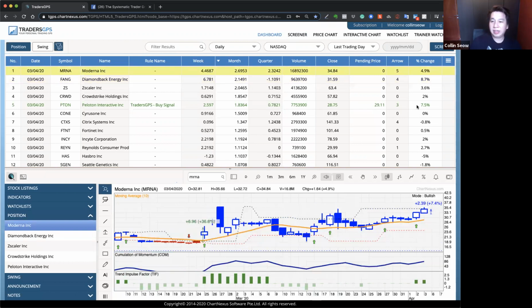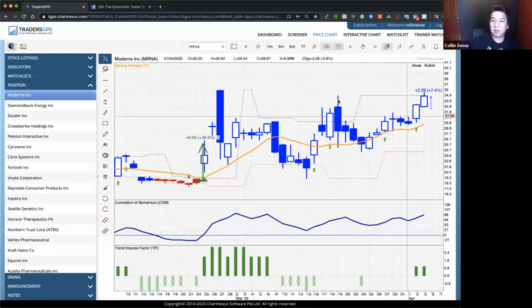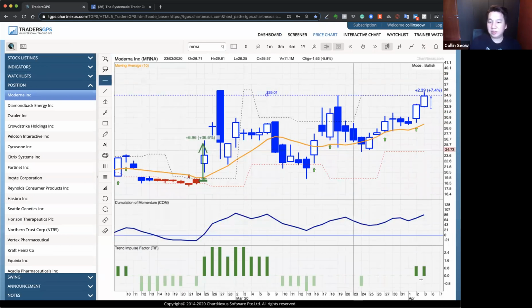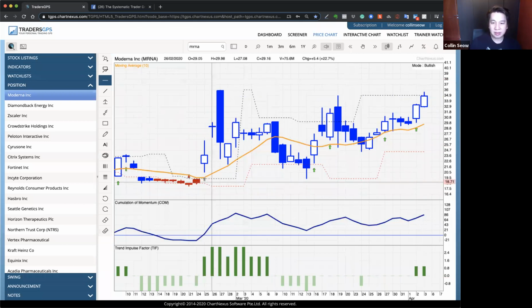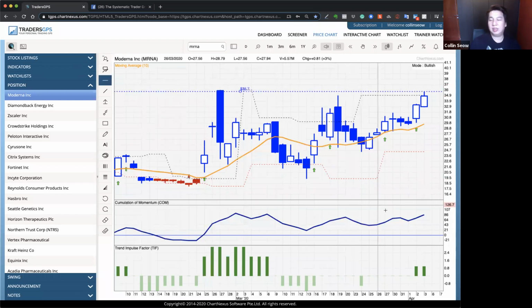If you want to enter again, maybe wait for it to clear resistance, which is here right now. This was a previous signal, arrow number 1, which was here. Now it's arrow number 2. I think it's not too late to enter. Wait for it to clear again; if it clears this resistance again, I think you can enter. Got it, Alex?